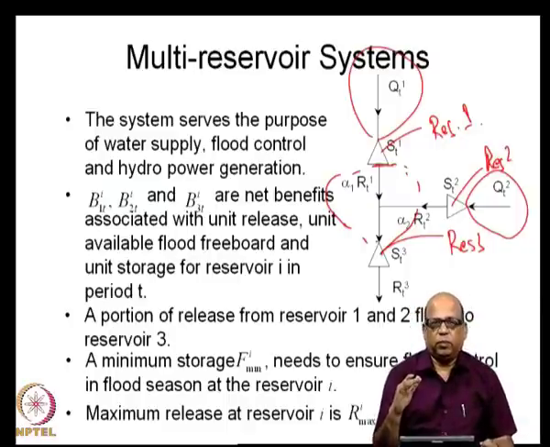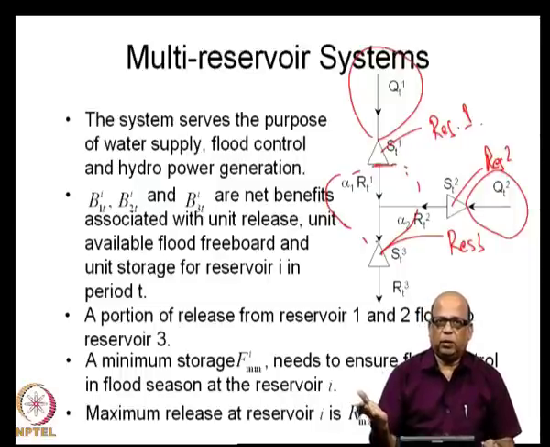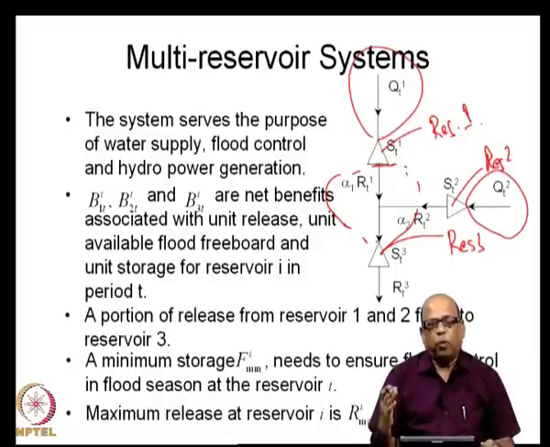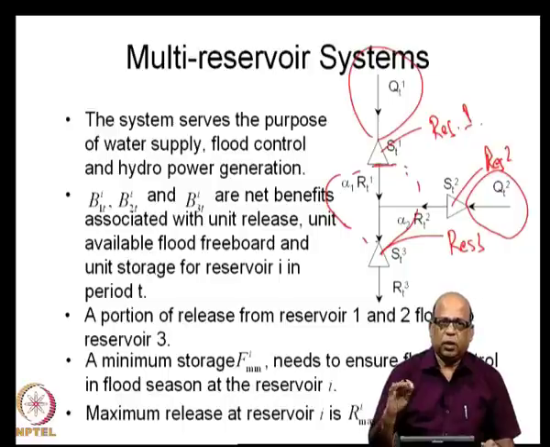Remember, we have said that the storage directly determines the hydropower. So, which means that the benefits associated with the hydropower, in terms of the amount of power that you can generate, is directly related to the storage itself. In reality, however, recall what I said last time, that it also depends on the release through the penstocks, because the power generated is proportional to Q into H. Q is the discharge and H is the head.